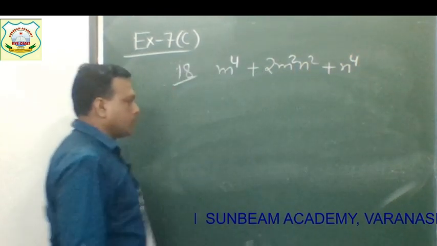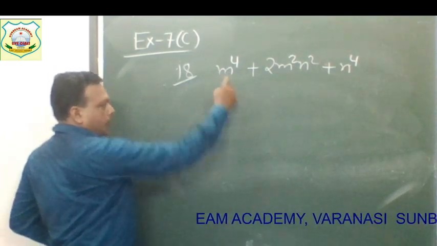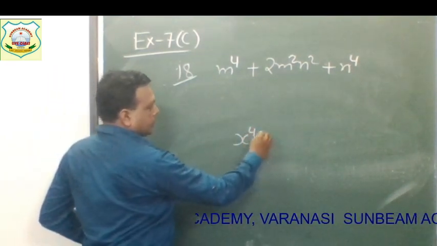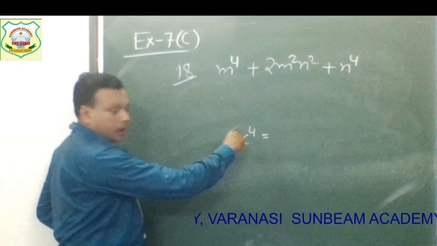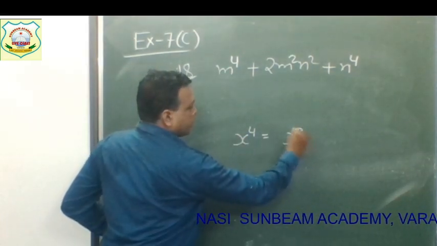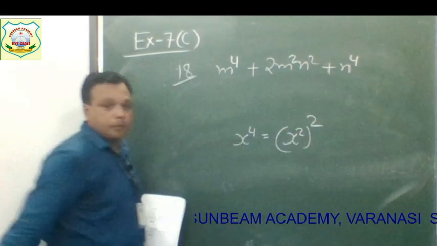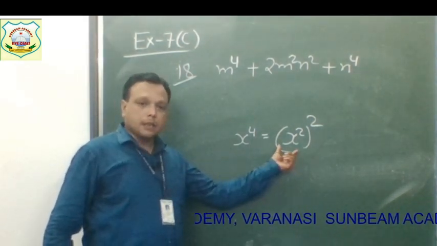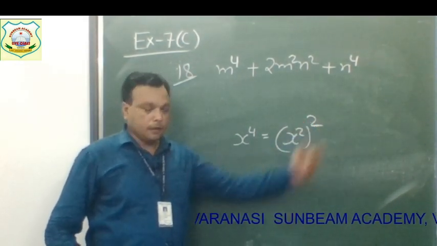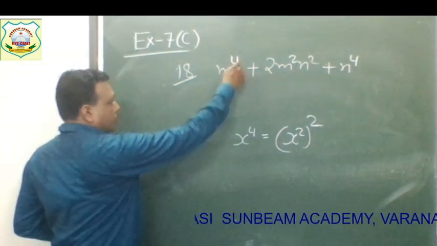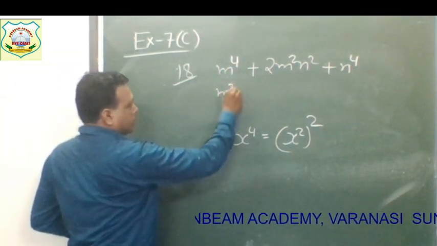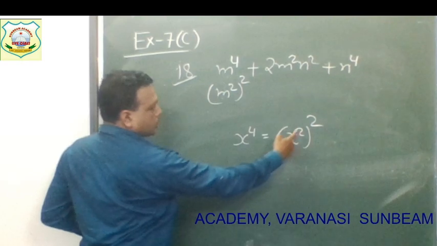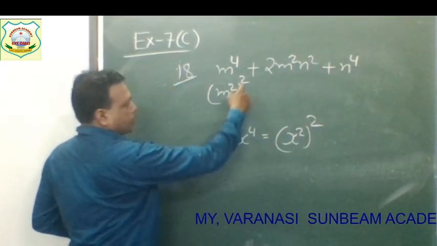So students, you know that when you want to square it, suppose x power 4 is given, so how can we make it as a square? X square to the power square, this way. X power 4 is given, so we can make x square to the power square. Similarly, m power 4 is given, so we can make m square to the square, because 2 twos are 4.